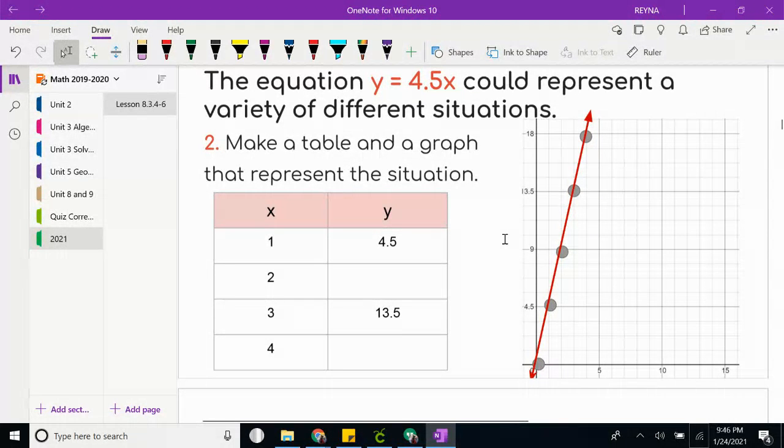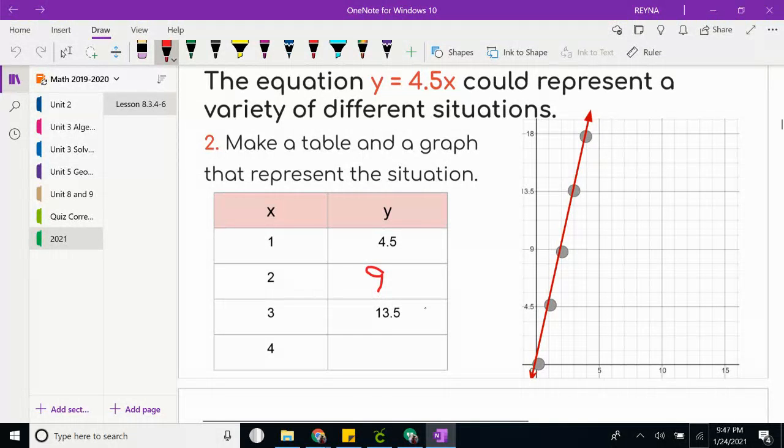So if I wanted to look at the graph, I could look here. 1, 2, go all the way up, and it shows 9. That means it would cost $9 to buy 2 bags of chips.